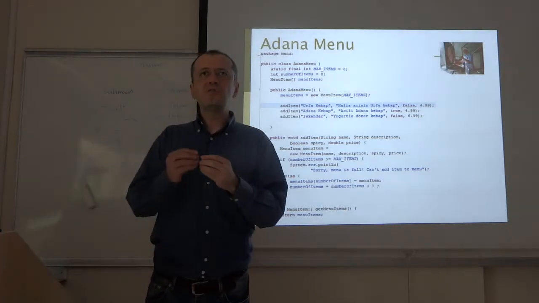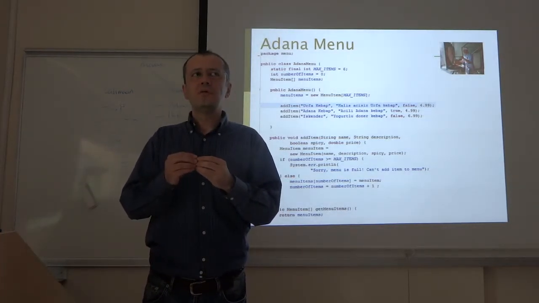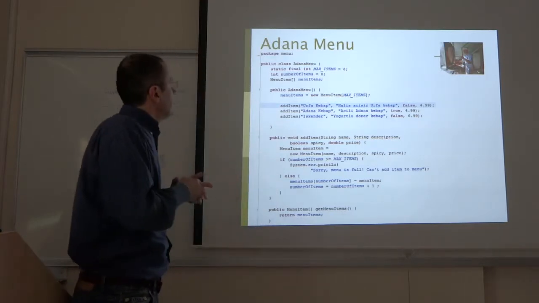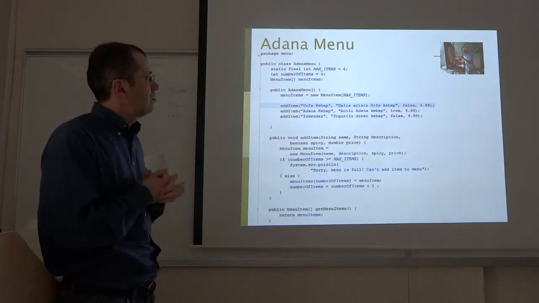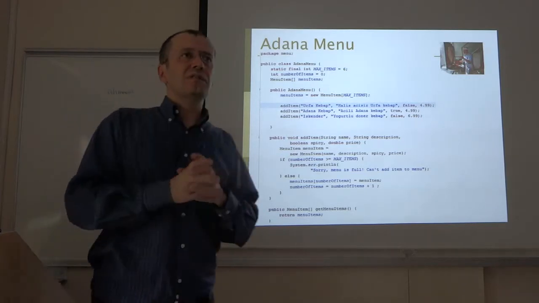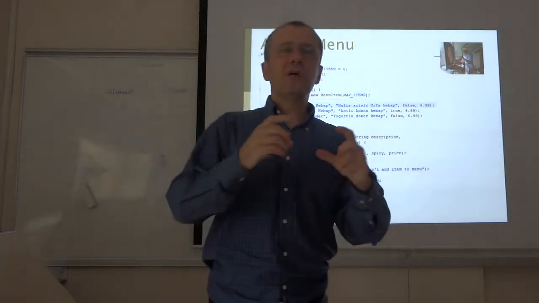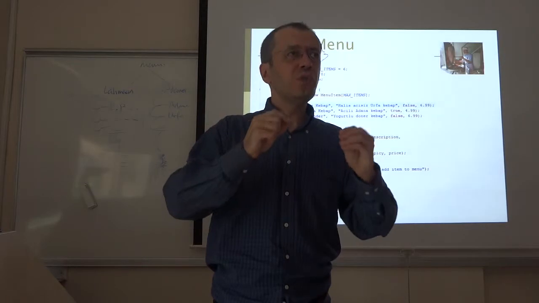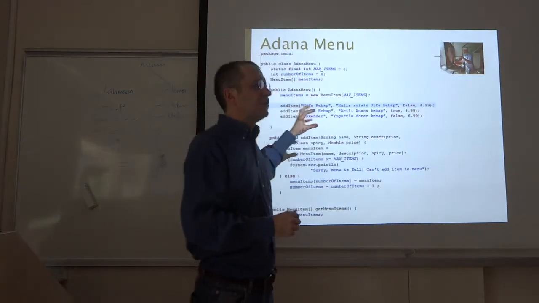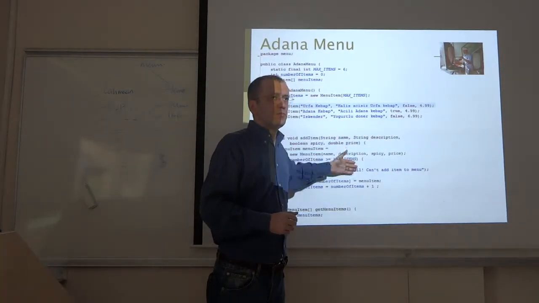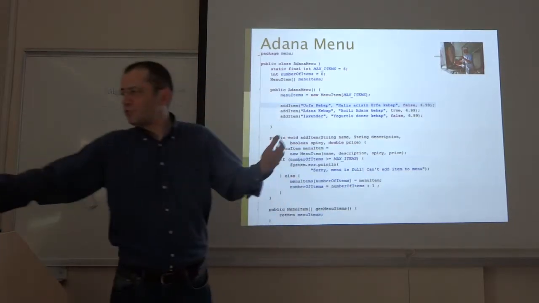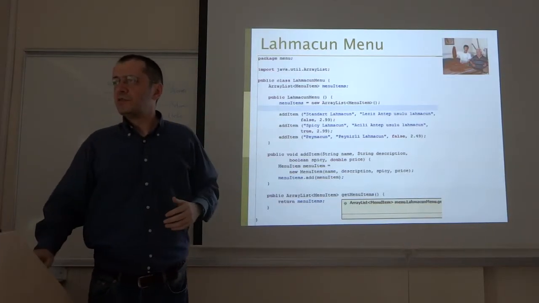Okay. So now what I want to do: these are the menus, and I want a different class that will give me items from these two menus, this one and this one.